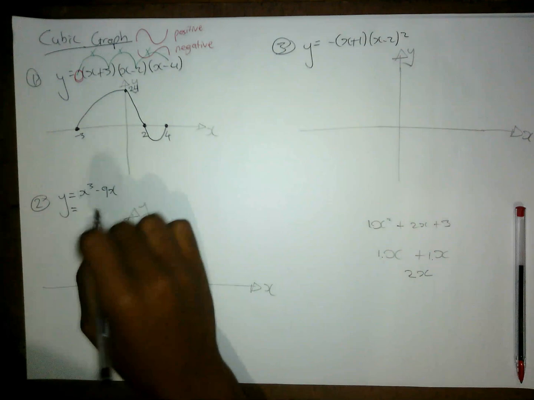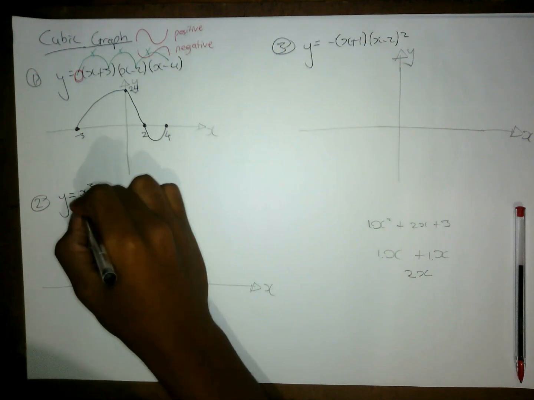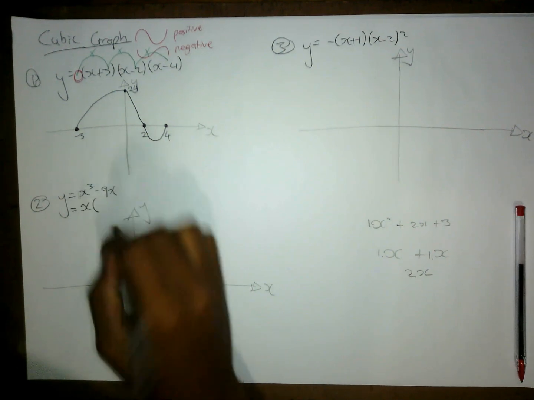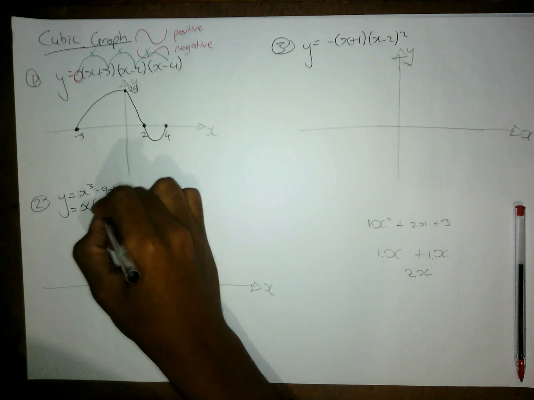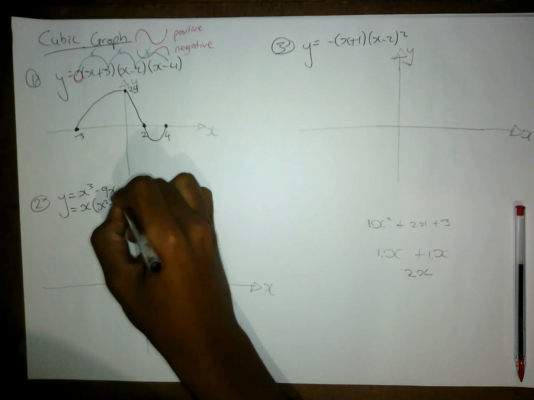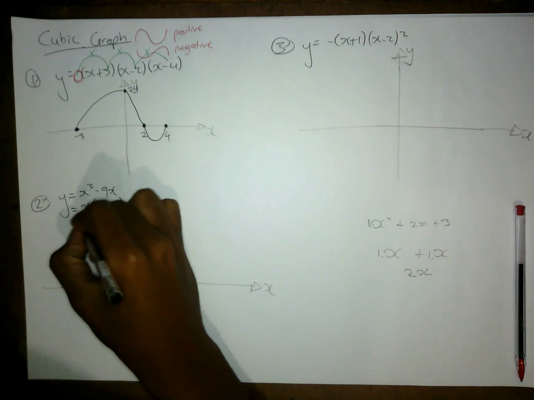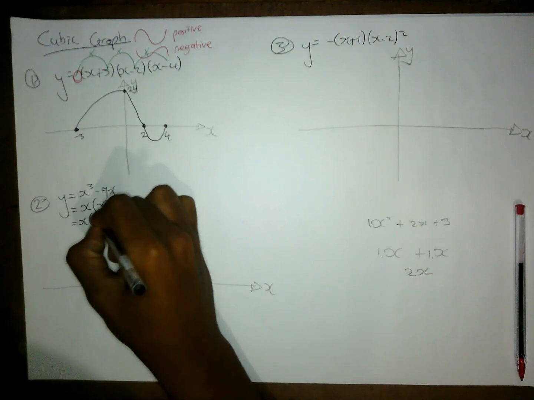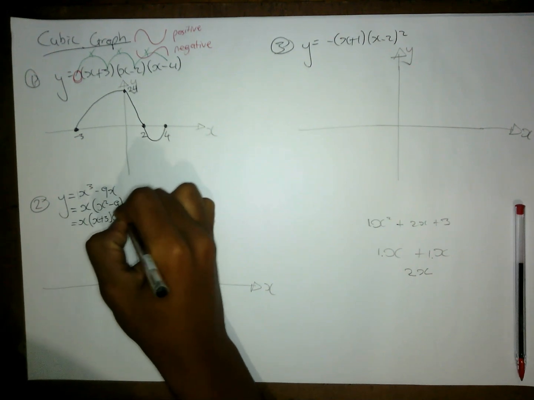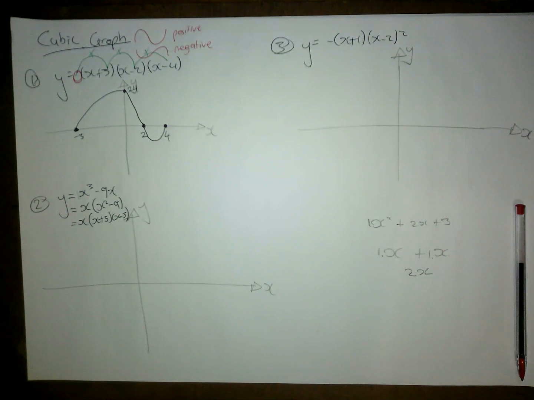For number 2, we must now factorize this. We take a common factor out, which is the x. We say x squared minus 9. So x squared minus 9 is a difference of two squares, so it's going to be x plus 3, x minus 3.